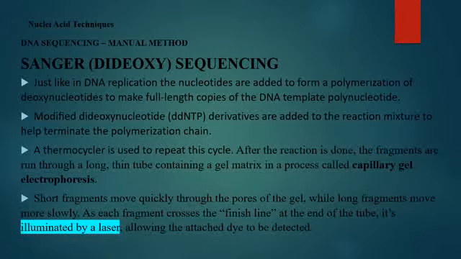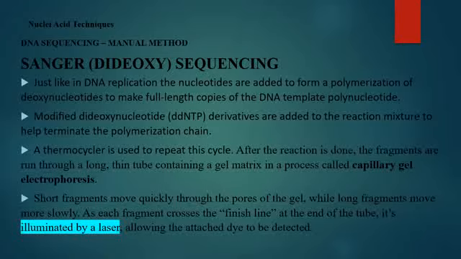Now, just like in DNA replication, the nucleotides are added to form a polymerization of the deoxynucleotides to make full-length copies of the DNA template polynucleotide. So you have a strand of the DNA, you replicate it to form a polymerized deoxynucleotide structure.